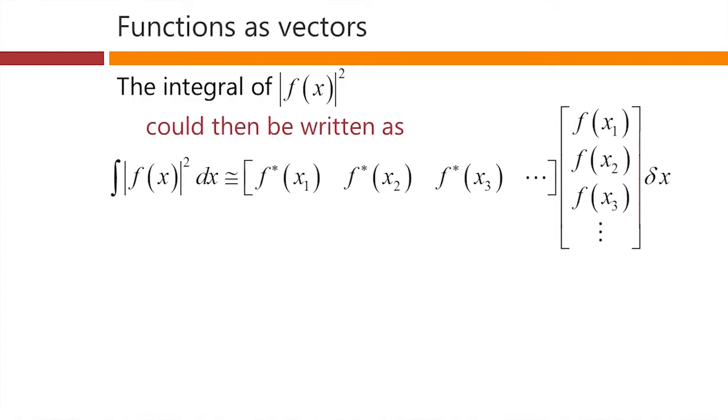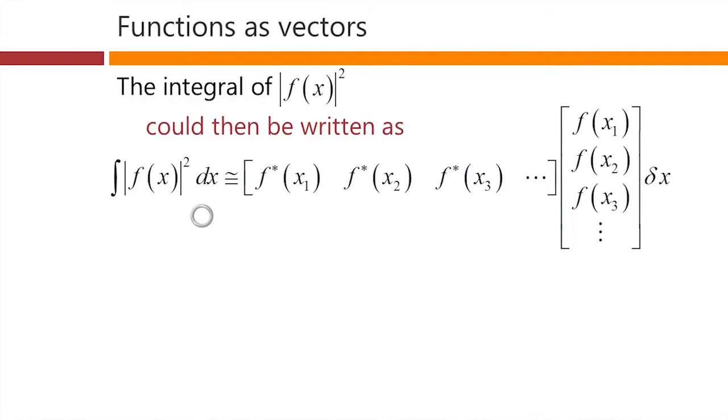Obviously, we could write it out as an integral, but we could write it as the vector product of this column vector and another version of the same vector turned into a row vector in which we put the complex conjugate of all these elements. So if you remember what happens here with multiplying two vectors, this element multiplies this one, multiplies this one, multiplies this one, and so on, and we add up the answers.